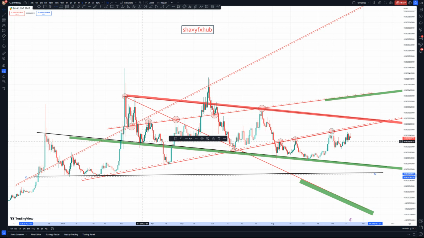a double bottom structure and played up to meet another resistance, which is a supply roof.